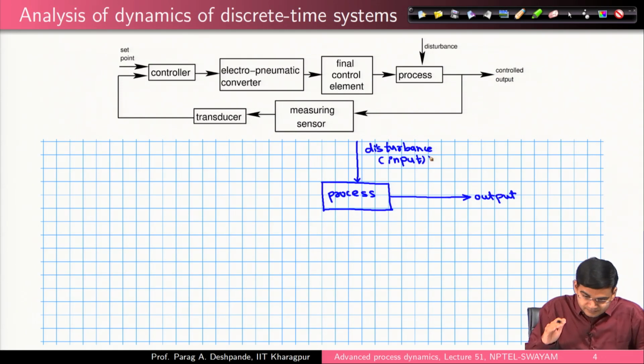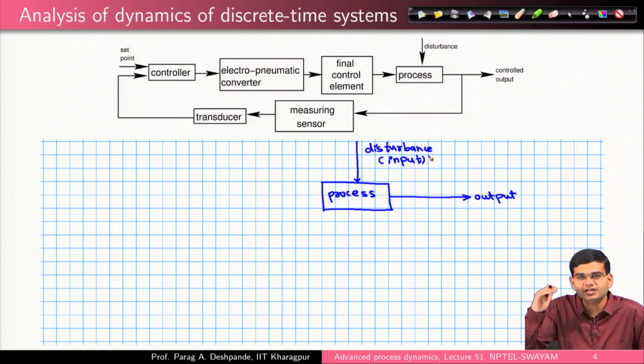Now, this output is sensed by a sensing instrument. In our current example, you have the thermometer which measures the temperature of the reactor, right.